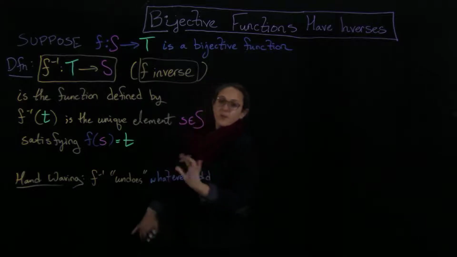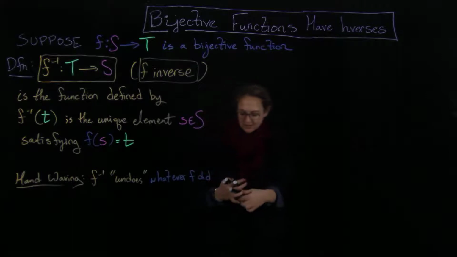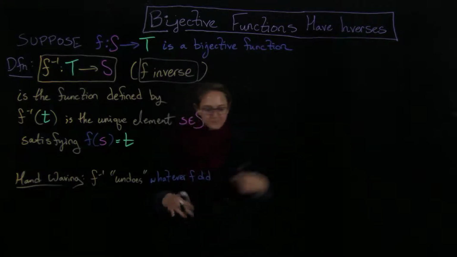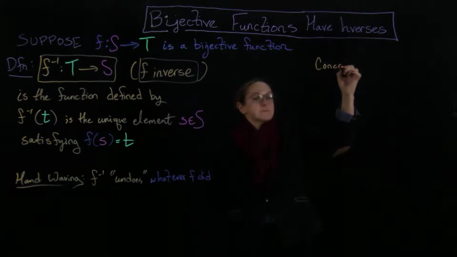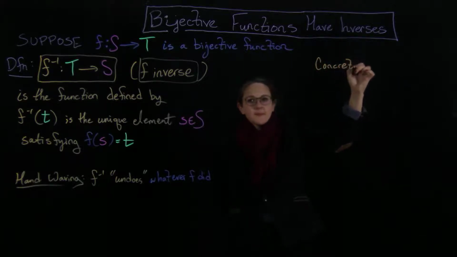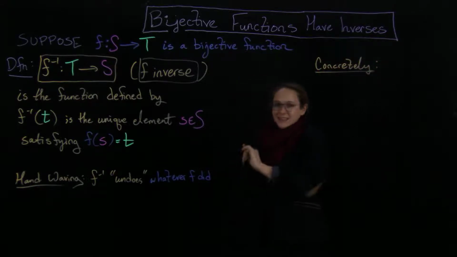Okay, but we can concretely say this hand waving thing, so let's go ahead and do that. So concretely, what do we have? Okay, so that was a hand waving explanation.